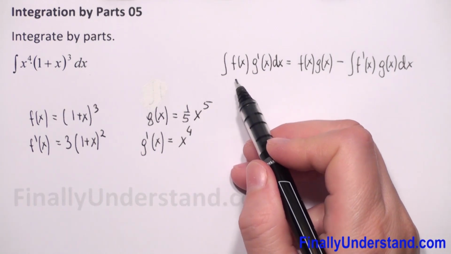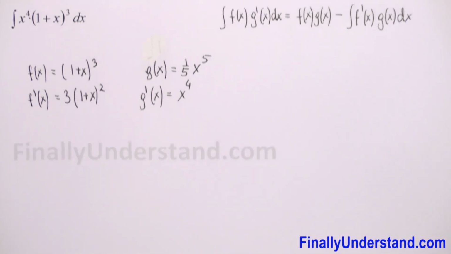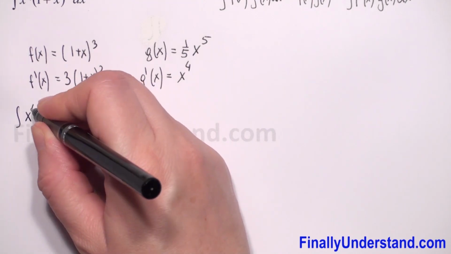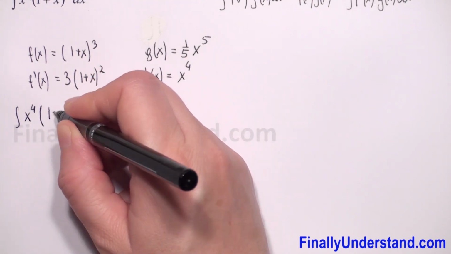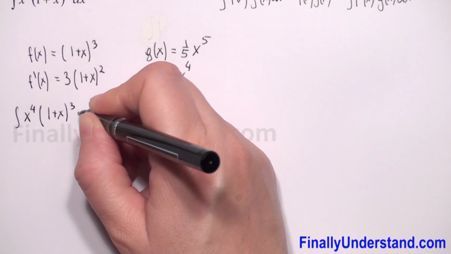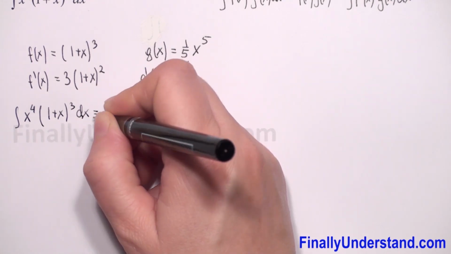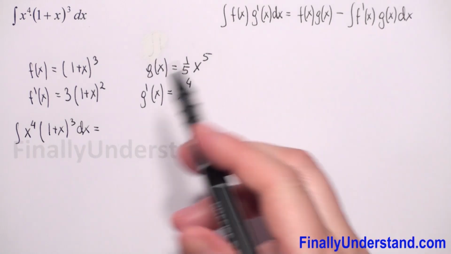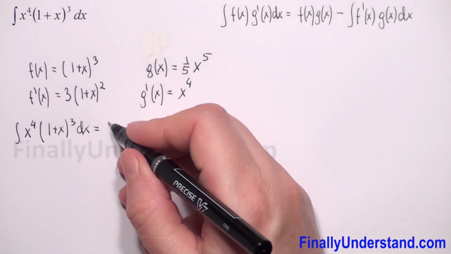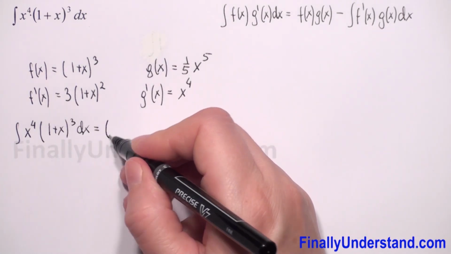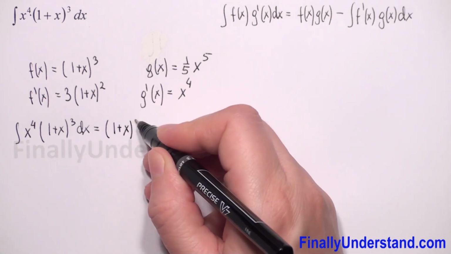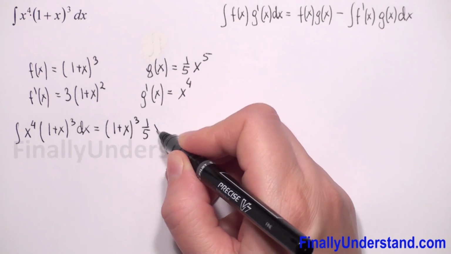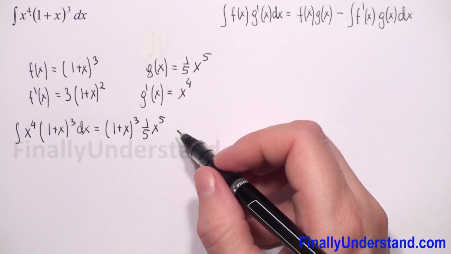So now we just have to replace in our formula. Let me copy our integral of x to the 4th times 1 plus x to the 3rd power dx. This is equal to: first, we need to multiply f times g. f times g, so we have 1 plus x cubed times 1/5 x to the 5th power.